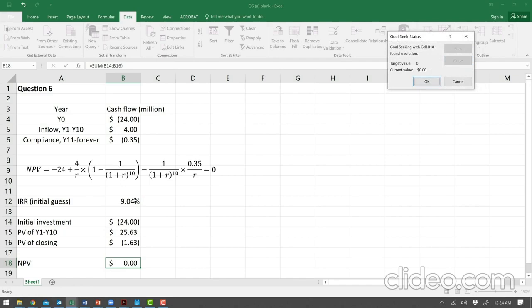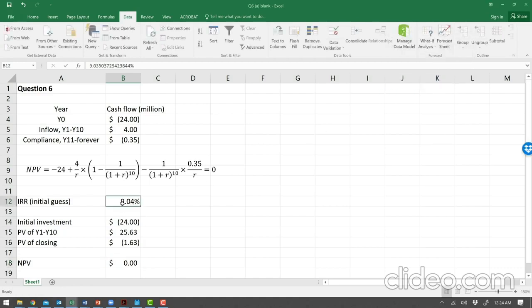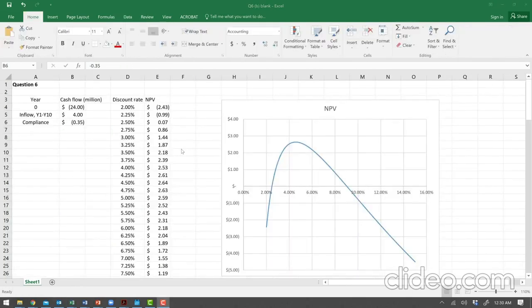And if we solve this equation from a different starting point, we see that the algorithm here converged to the second internal rate of return, which is 9.04% in this case. The conclusion is that this project has two IRRs, and we can find both of them using the numerical tools in Excel.